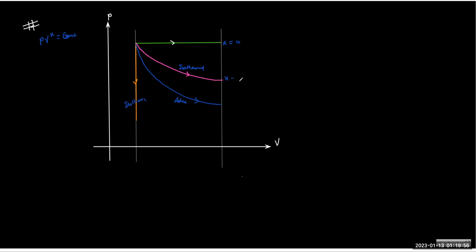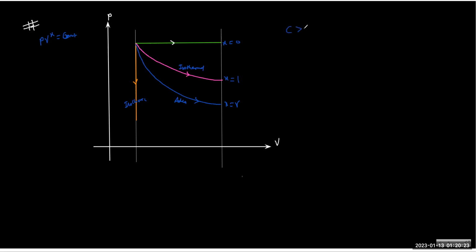For isothermal X is 1 and C is infinity. Going from top to bottom, it is 0, 1, gamma. You can see the interval.